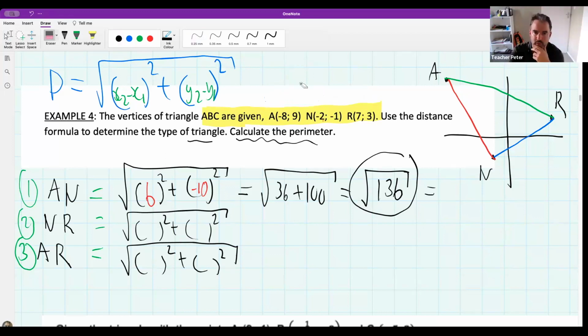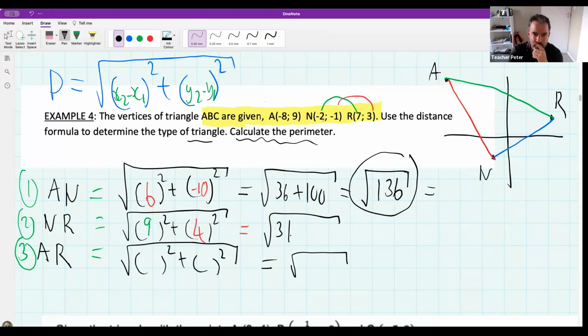Let's do the second one. NR, so maybe like 7 minus 2, so that's... Okay, so I'm going to give it more time because I think I'm going a bit lost.